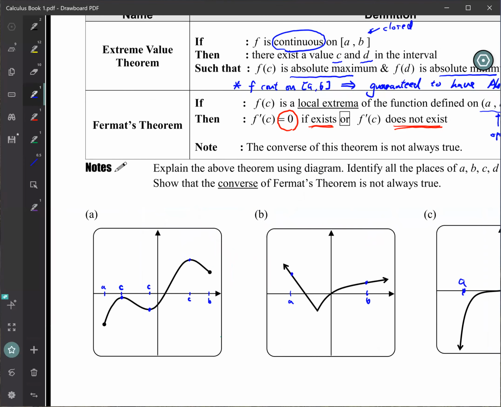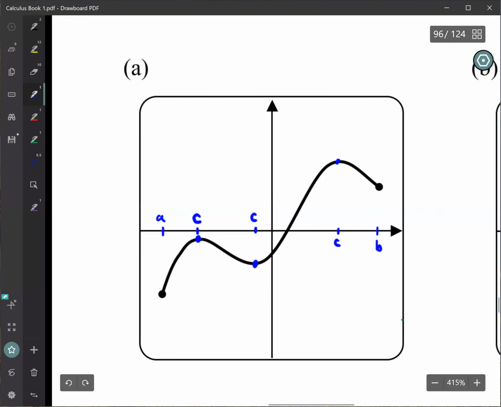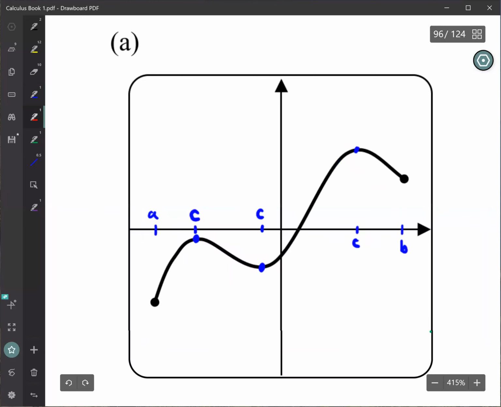It's saying that if it's local, then the slope has to be 0. So let's see if that's true. I draw a tangent line there, it's 0. Draw a tangent line there, that's also 0, also 0. So that's what the Fermat theorem is saying. If it's local, it must be 0.